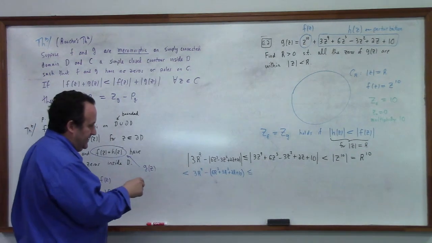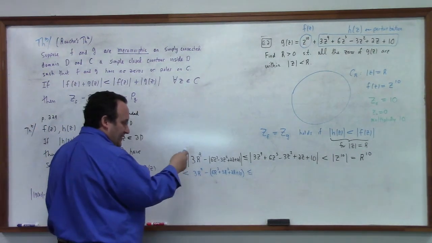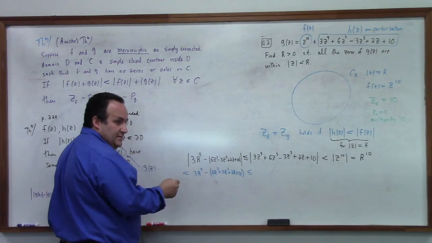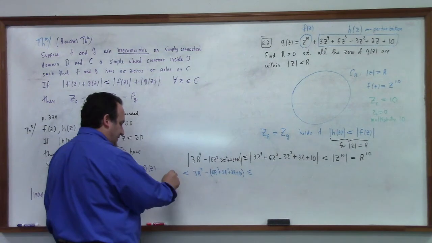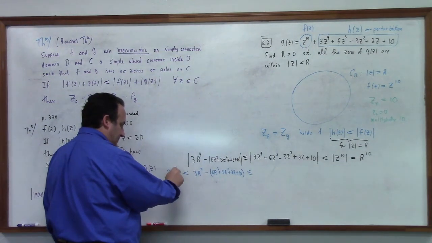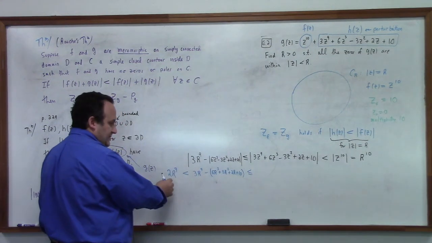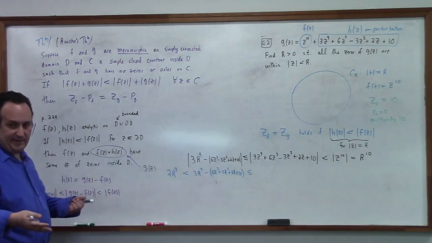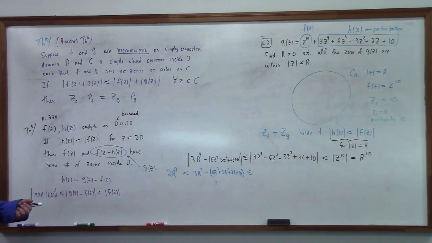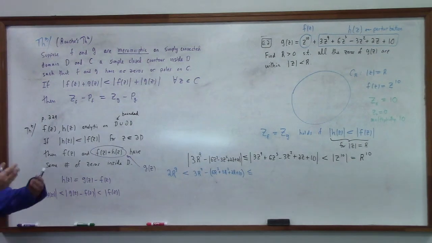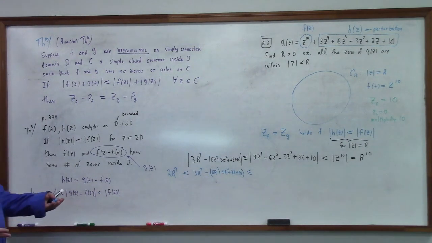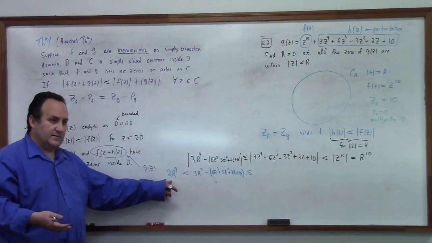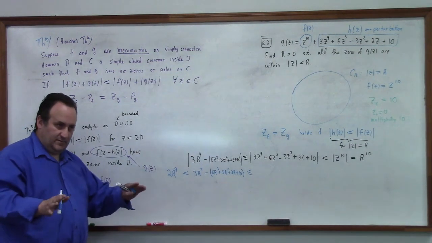If r is big enough that this is larger than that, then for that same r, this should be less than 2r to the 9th, shouldn't it? Because this business here can't possibly be bigger than r to the 9th. So if I get rid of a whole copy of r to the 9th, this is smaller.